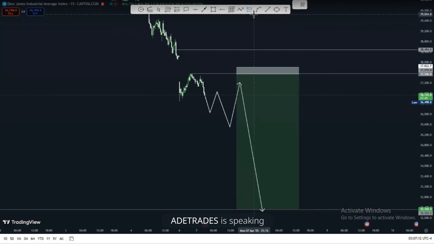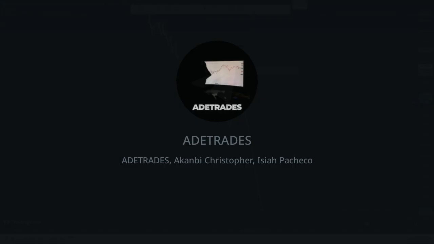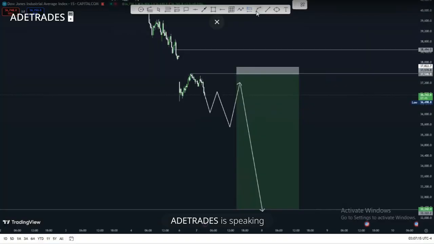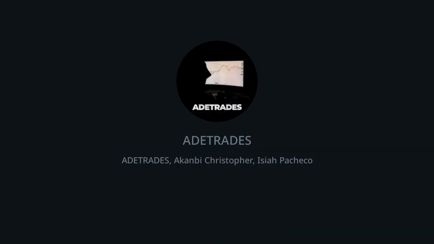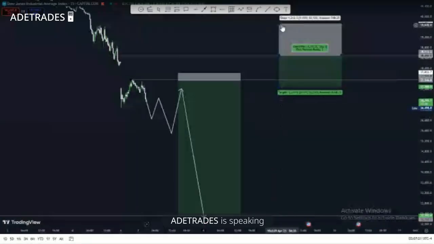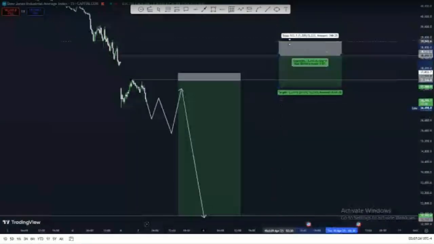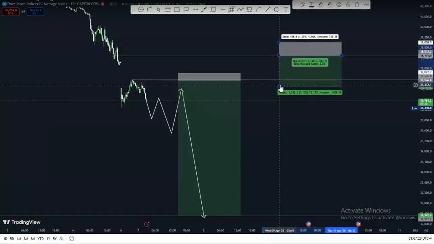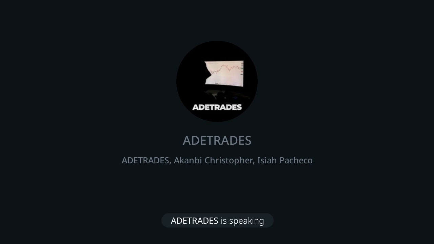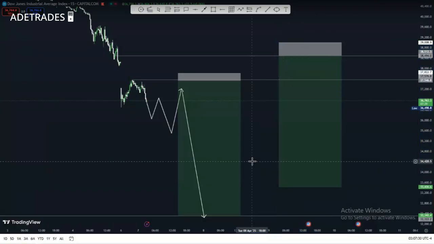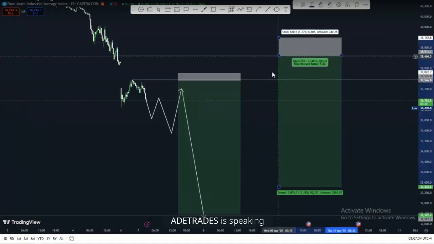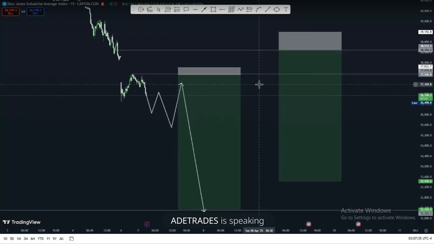We have this short, these shorts here, on US 30. This is what I'm looking at for US 30.